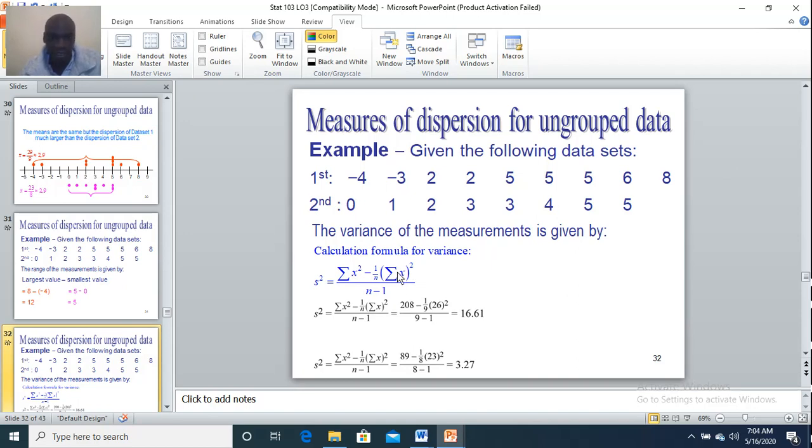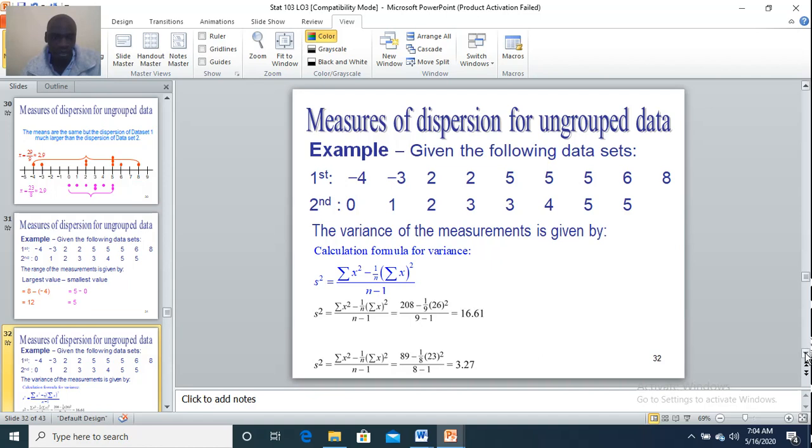Then this is 1 over n. How many are they? 1, 2, 3, 4, 5, 6, 7, 8, 9. So we divide by 9. The sum of squares is 208. The sum of x itself is 26. Then we get the standard deviation.